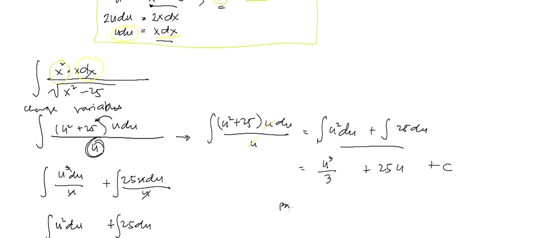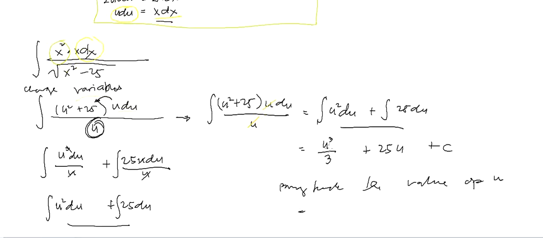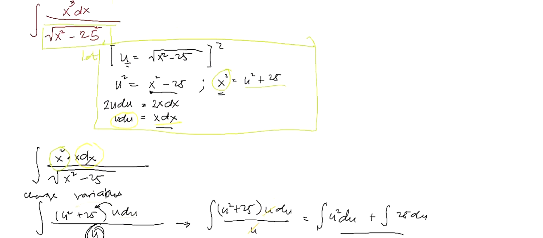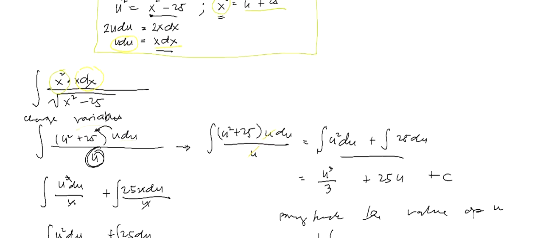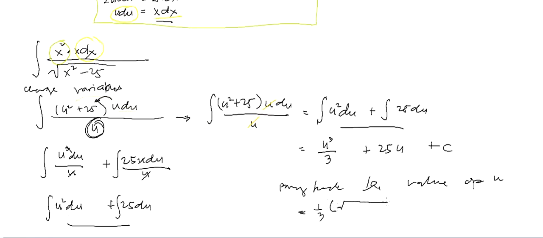Bringing back the value of u, we have 1/3 times the square root of x squared minus 25, raised to 3, plus 25 times the square root of x squared minus 25, then plus c.